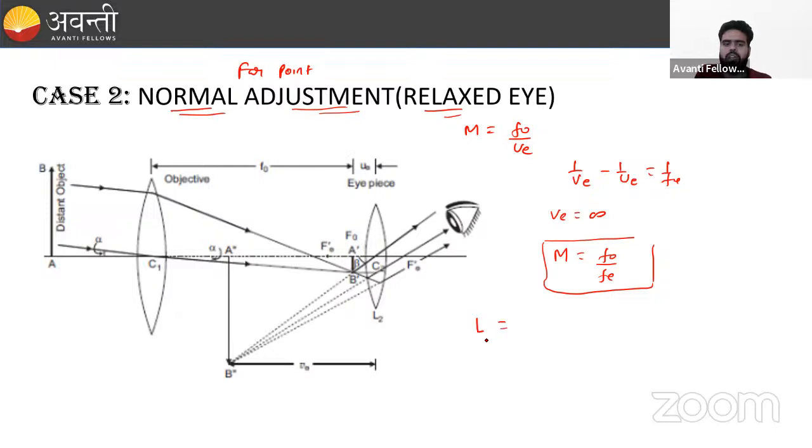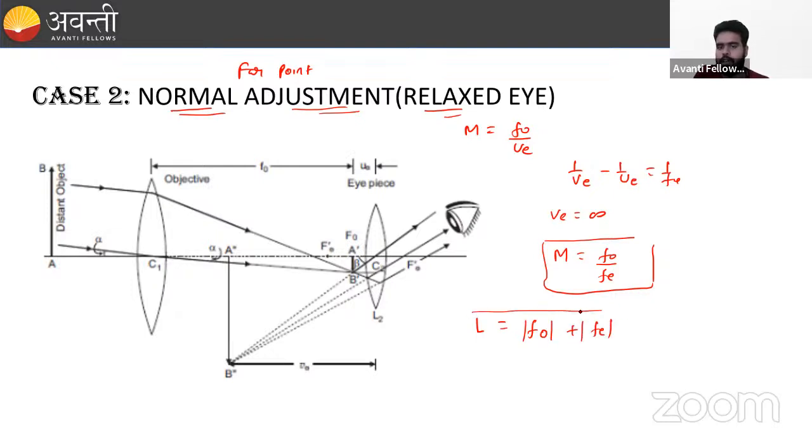The tube length is nothing but fo plus fe if we take the condition of normal adjustment.